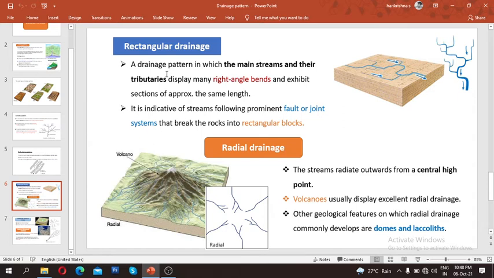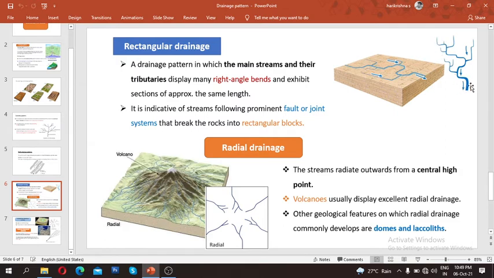As we have already said before, if structural features are very prominent in a terrain, there we can observe this rectangular drainage pattern. And what is the speciality of this rectangular drainage pattern? Here you can see right angled bends.